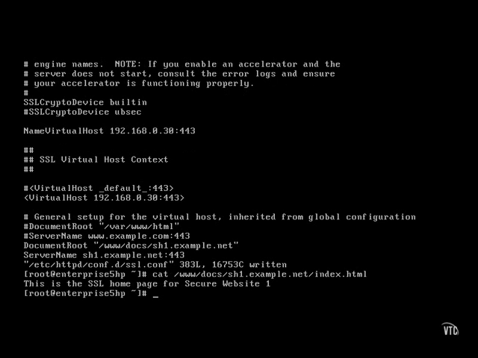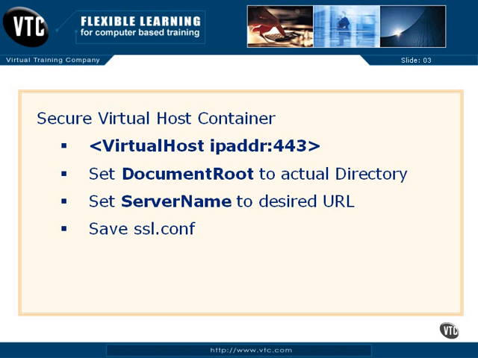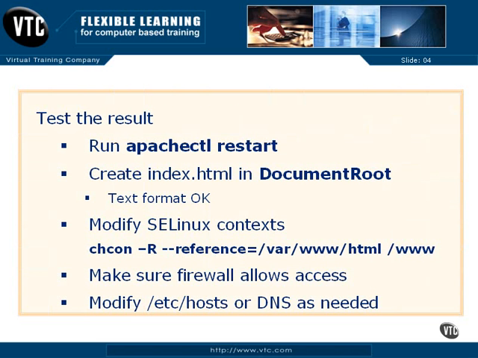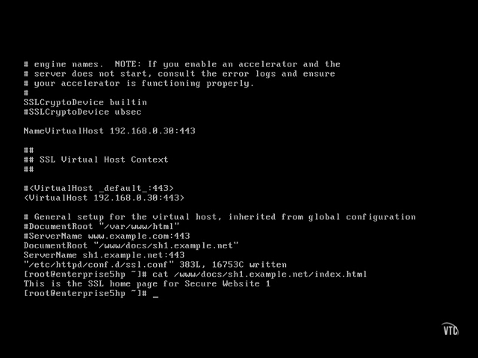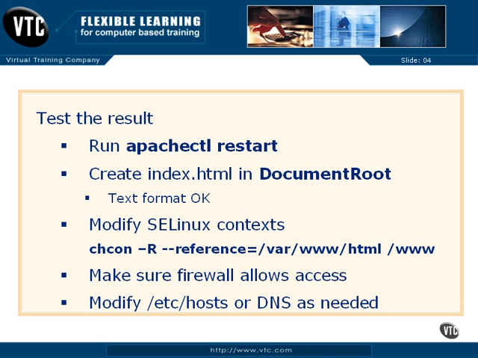Yeah, it's in text format, but that's okay for our purposes, as the RHCE exam is not an HTML exam. You should make sure that Security Enhanced Linux contexts match those in the default /var/www/html directory. And I repeat the command that I described in the earlier video.